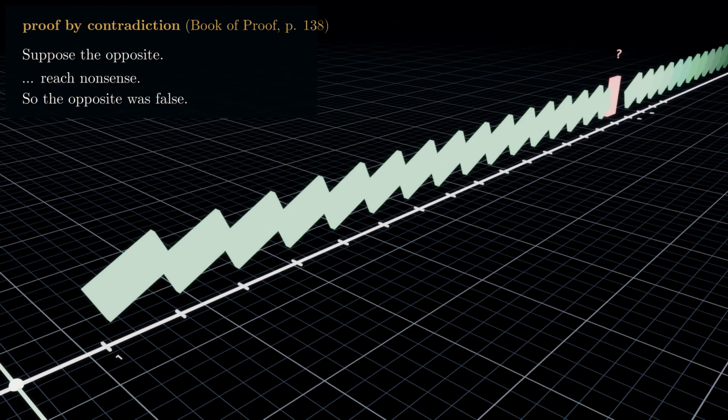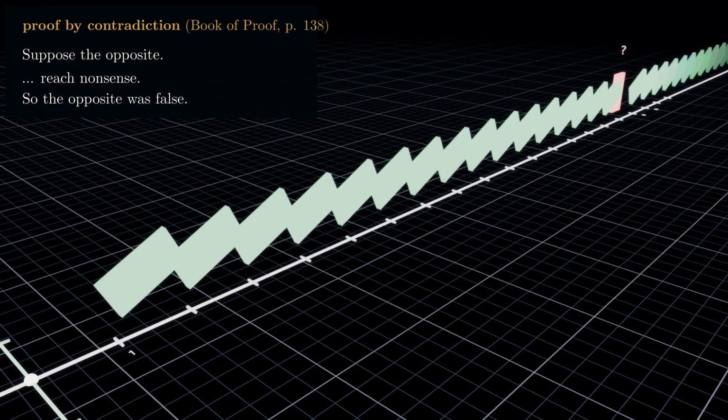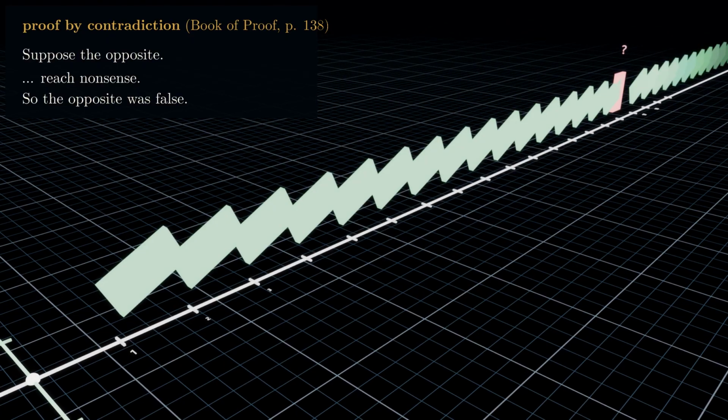Now here is the fact that does all the work, and it is a fact about the natural numbers themselves. Take any collection of natural numbers, as long as it is not empty. That collection has a smallest member. Think about why you believe that. Start counting from 1. Either 1 is in the collection, or it is not.